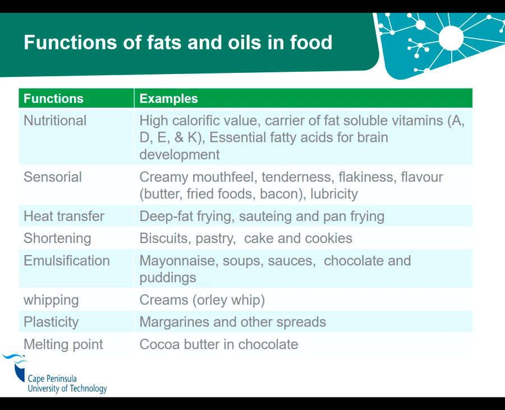And then in terms of sensorial properties, they've got a creamy mouthfeel, provide tenderness, flakiness, especially in pastry, right? And then flavor, especially fried foods, and they have lubricating properties. If you think about it, if you would eat bread that is not smeared with anything, whether it's peanut butter or margarine, that bread is very dry.